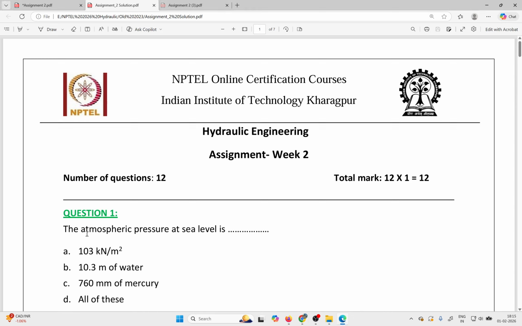So the first question is question one. The atmospheric pressure at sea level is 103 kilonewton per meter square, water, 760 mm of mercury, all of this.